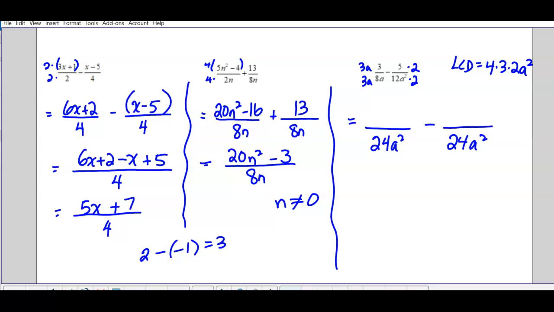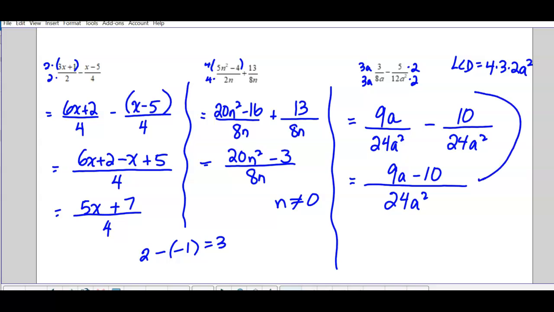Okay. So that's going to be 9a, and that's going to be minus 10. You could have actually, for this one, just gone straight to this.